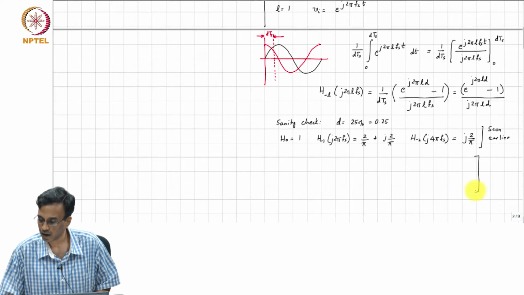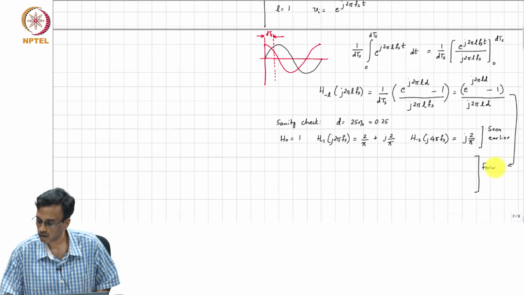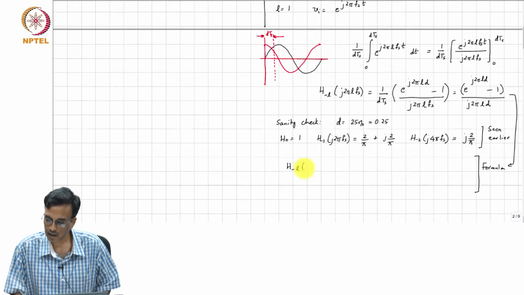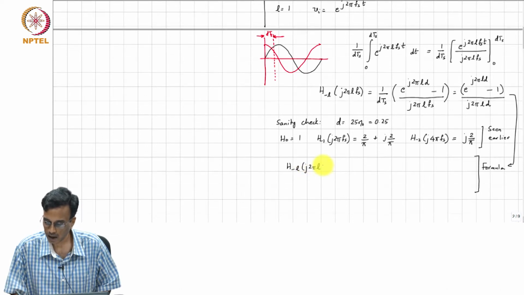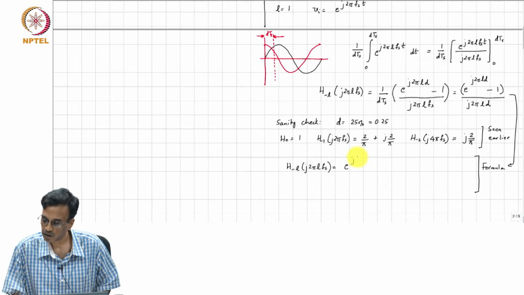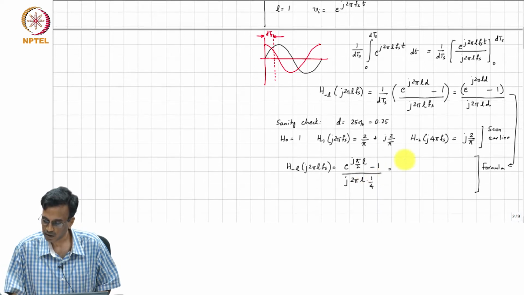Now, let us see if we calculate this. So, h minus L of j 2 pi L f s is nothing but e to the j, d becomes 1/4. So, pi by 2 L minus 1 divided by j 2 pi L times 1/4, which is nothing but, yeah, very good.